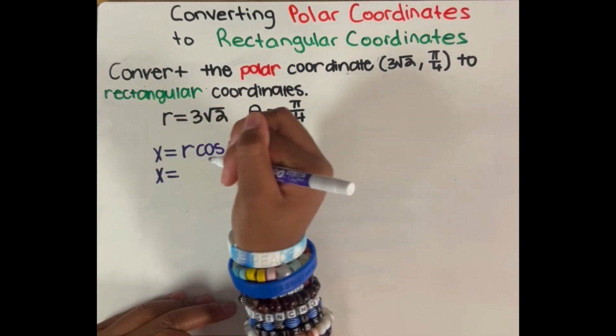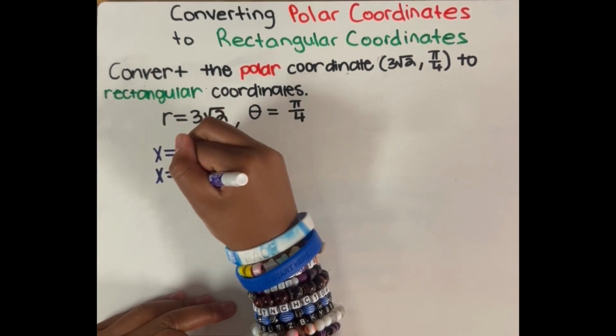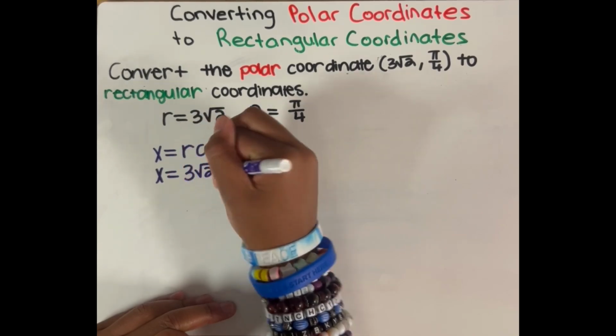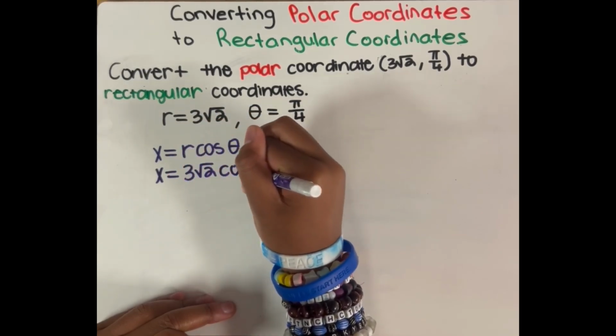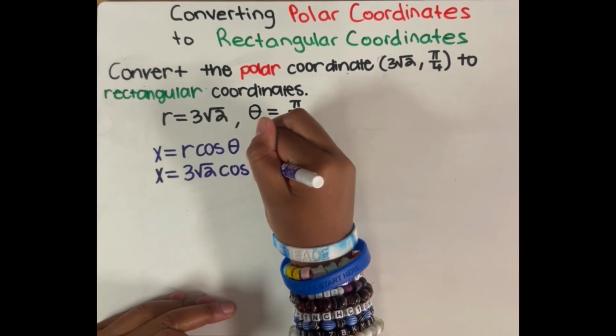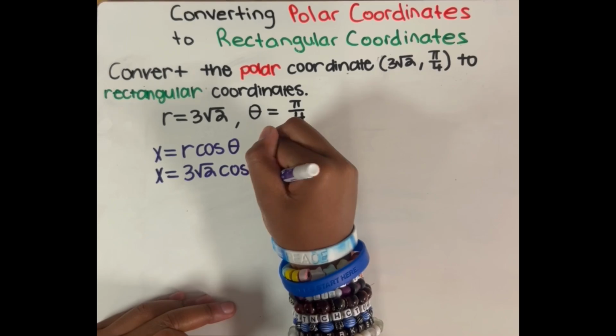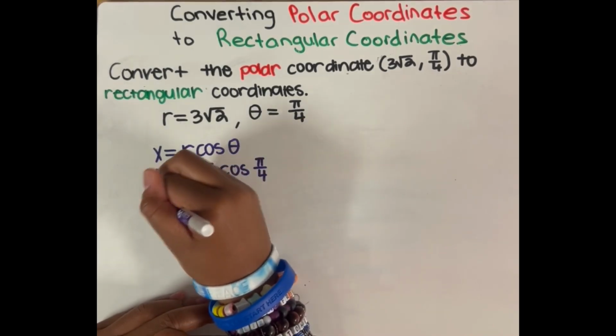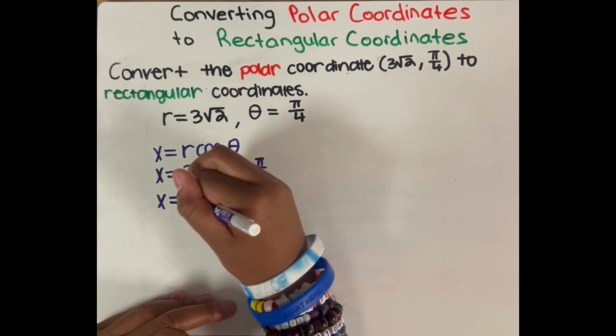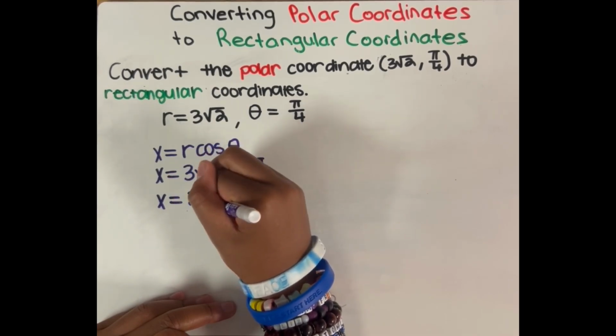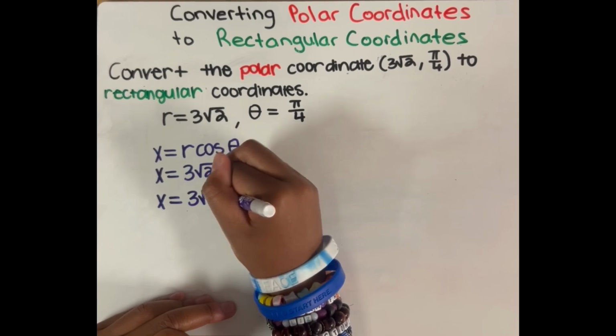So now we have x equals 3 root 2 times the cosine of pi over 4, and the cosine of pi over 4 is root 2 over 2.